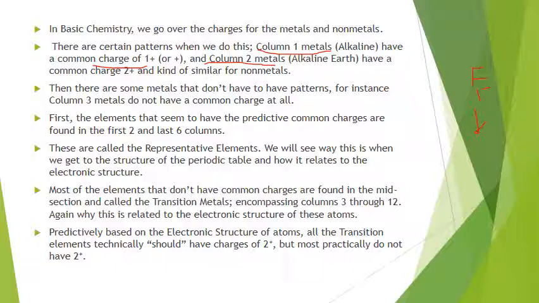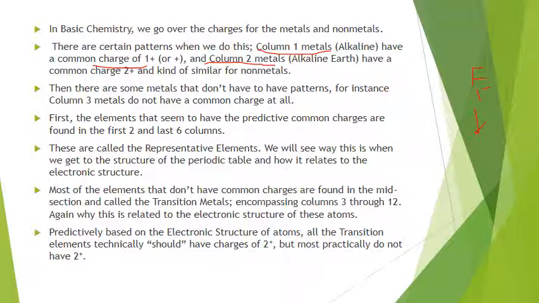Then there are some metals that don't have patterns. For instance, column 3 does not have a common charge at all. From column 3 to column 12, there doesn't seem to be any pattern. The pattern starts up again when you get to column 13, especially in the top part of the periodic table.